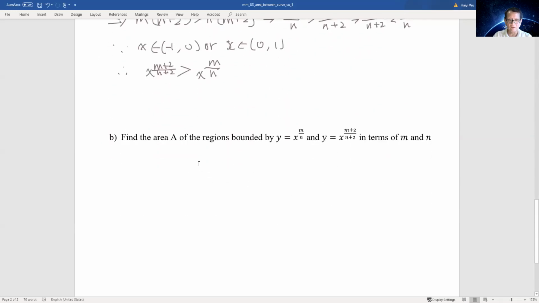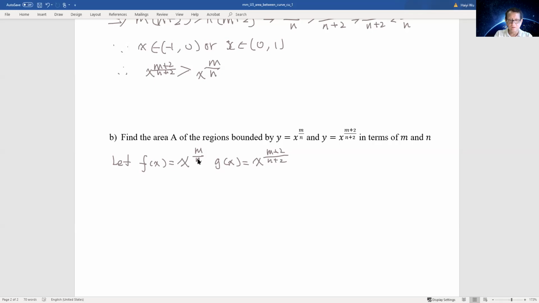We need to find the area of the region bounded by those two equations. Let's put the two equations into function form. The first function we call fx, and gx is x to the power of m plus 2 divided by m plus 2.